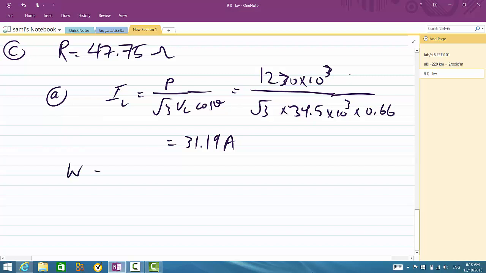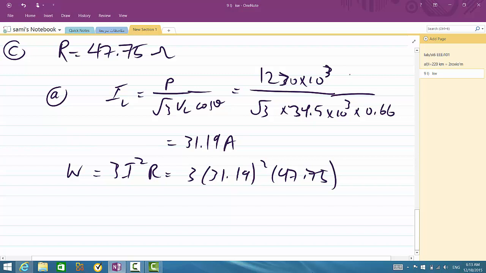So the power loss will be 3 I squared R, so 3 times 31.19 squared times the resistance, 47.75, and this will equal 39.36 kilowatt. This is the losses in the line.